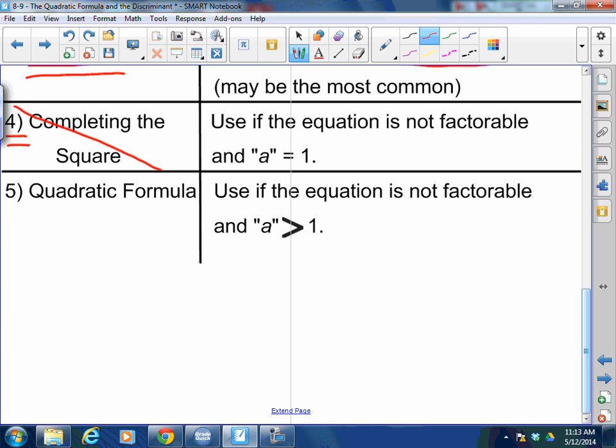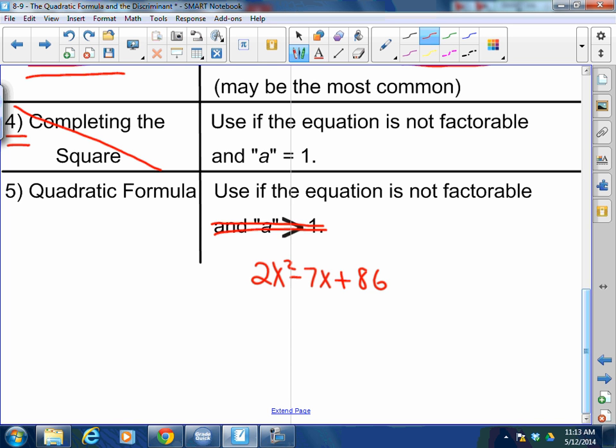The quadratic formula you use if the equation is not factorable and a is greater than 0. Basically, when you've got the ugly stuff, I mean greater than 1. No, I'm sorry, not 0. And actually, this part is false. You know what? Because you can have a fraction. It's just when the equation is not factorable. If I gave you something nasty like 2x squared minus 7x plus 86, you really think you're going to want to factor that? Guys? Yeah, no, I don't either. So I'm going to use the quadratic formula.